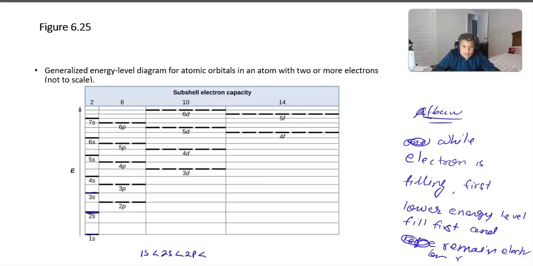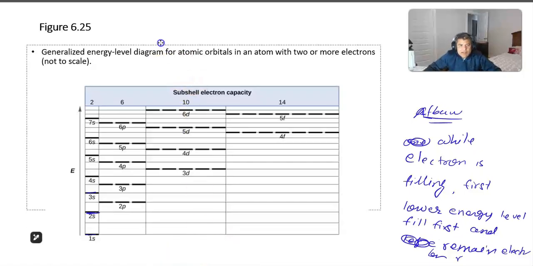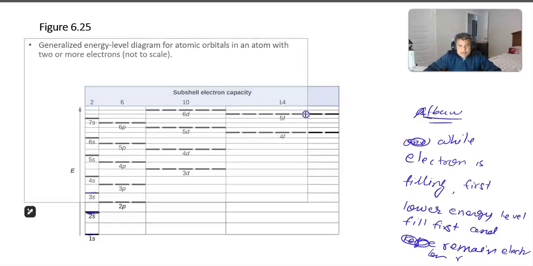Okay guys, and these 3 2p's have the same value: 2p minus 1, 2p 0, 2p 1, right? There are 3 2p's and they all have equal energy. Okay, so what this is saying, now let's see that here.